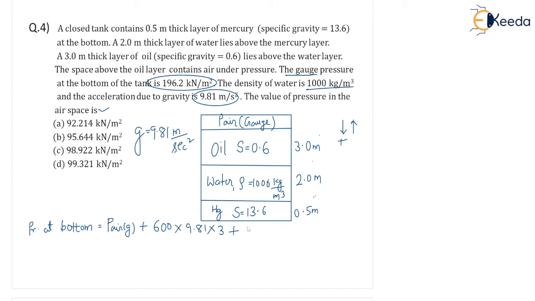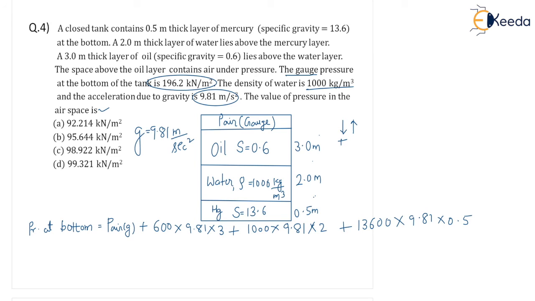Then again water is there, so rho into g 9.81 into h. The h value here is 2 meter. Plus, last one, density of mercury 13,600 into g into h. The h value is 0.5. One equation is sufficient.